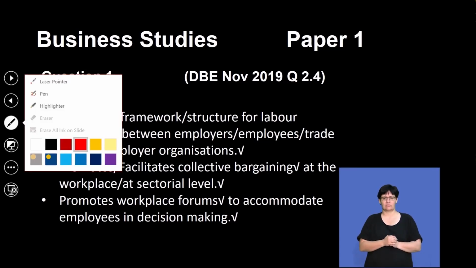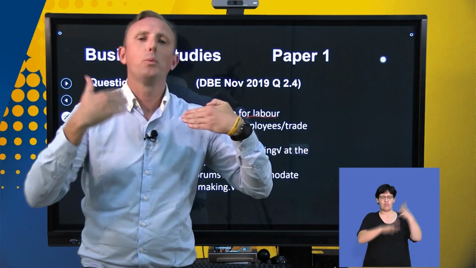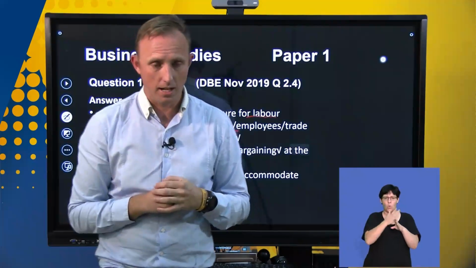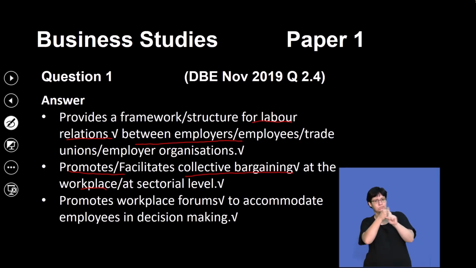So firstly, it provides a framework or structure for labour relations between employers, employees, and trade unions. So it gives that framework on how these various stakeholders are going to be able to interact with each other. Second, it promotes collective bargaining at the workplace level.